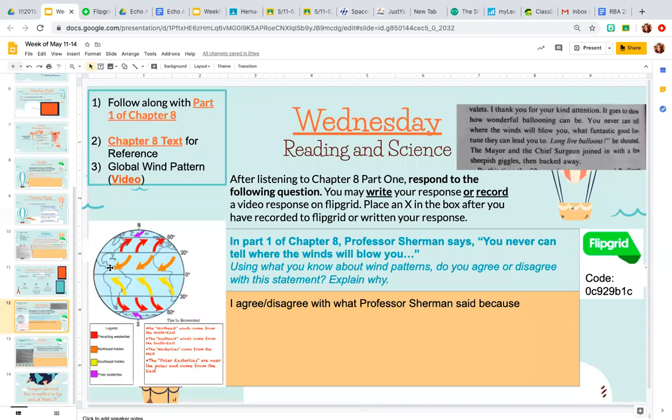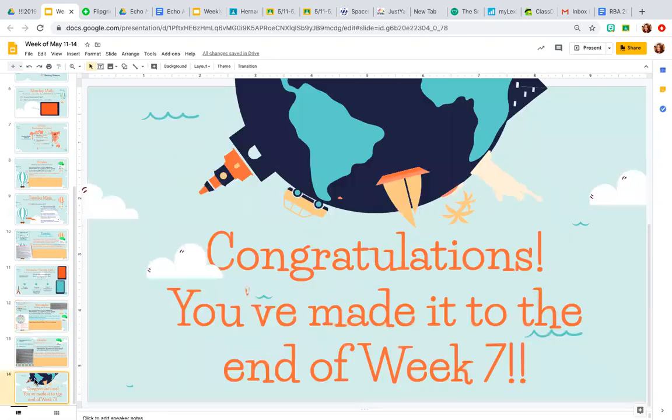The left. Yes, I would start flying to the left. I would start flying to the west because the east, or the trade winds, they blow from the east to the west. So we would start floating westward.